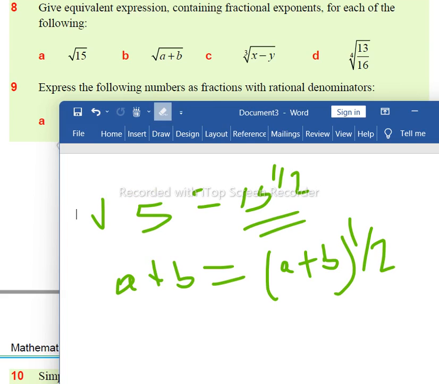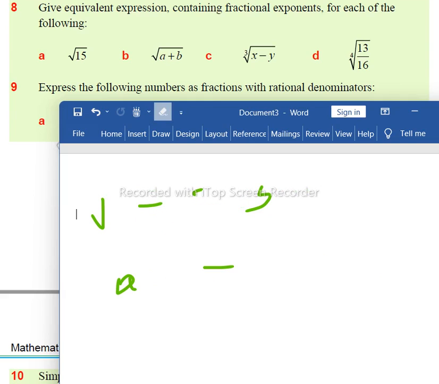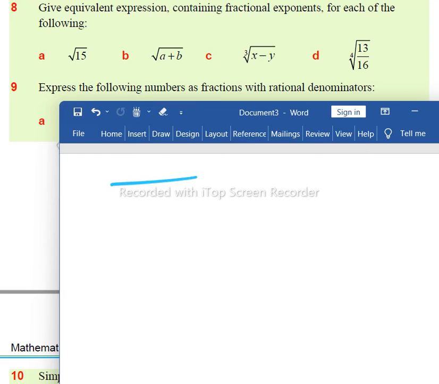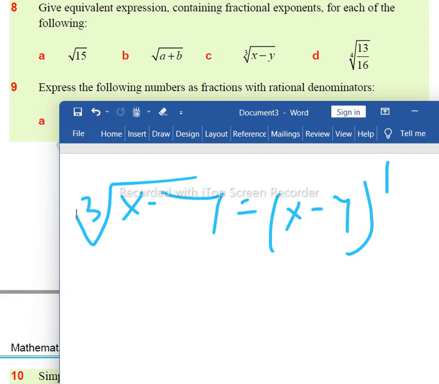Let us move to C. Letter C says we have the cube root of x minus y. We can write it in the form of an exponent: x minus y to the power of 1 over 3. You can write like this.